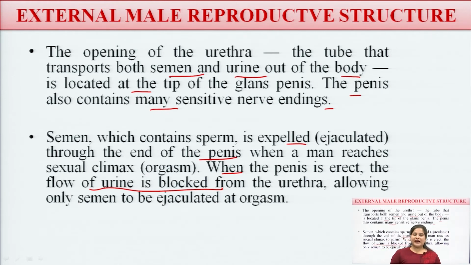So during ejaculation the urine tube is blocked, and only the semen is ejaculated at orgasm.